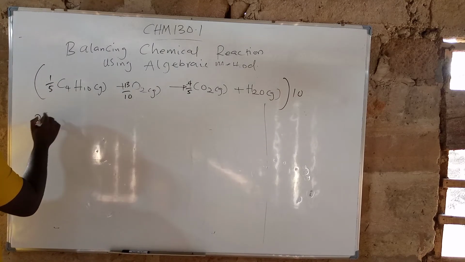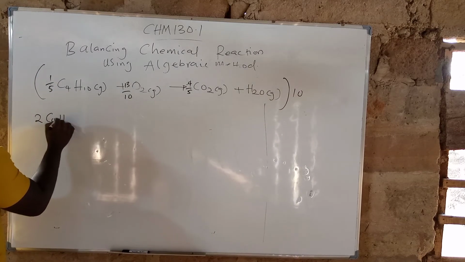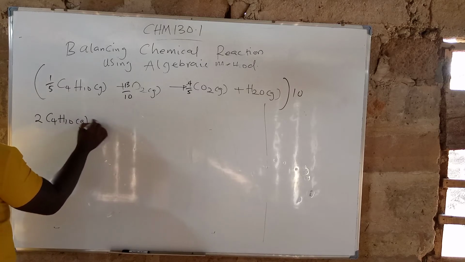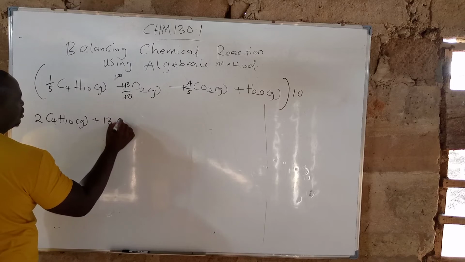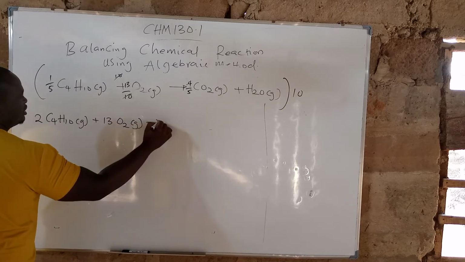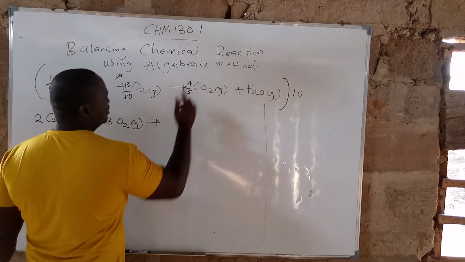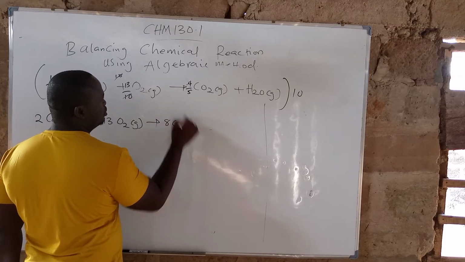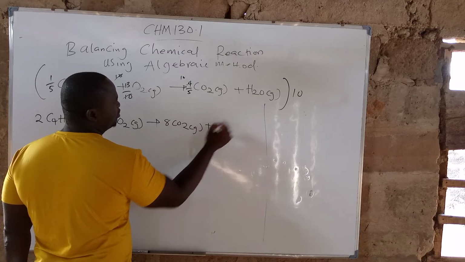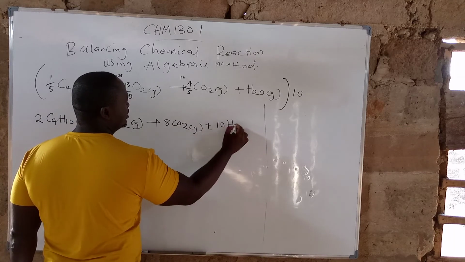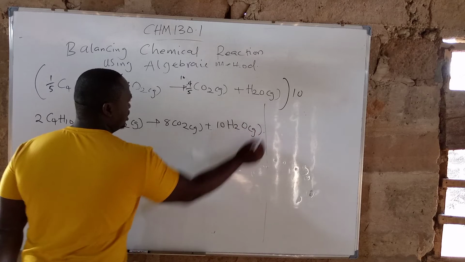So this is 2 C4H10 gaseous, plus when 10 comes here it will cancel, plus 13 O2, right? And yes, plus if 10 comes here you have 8 CO2 gaseous, 10 cancels here, plus 10 CO gaseous.